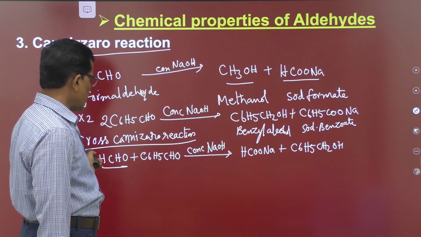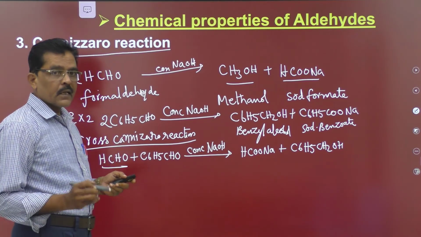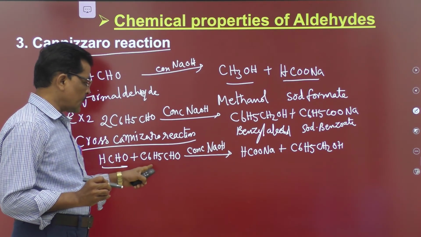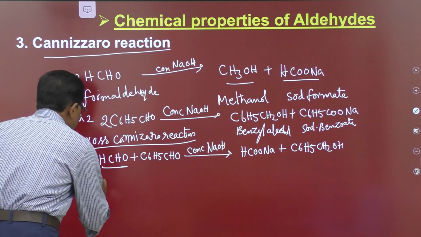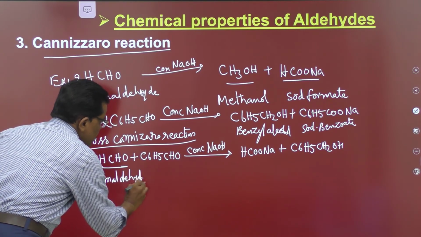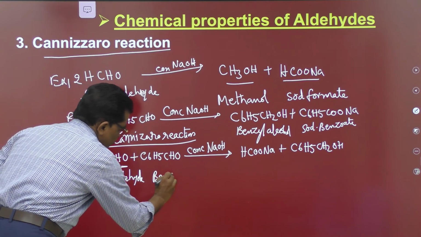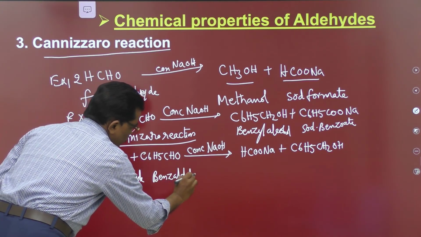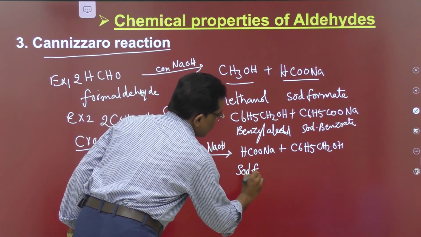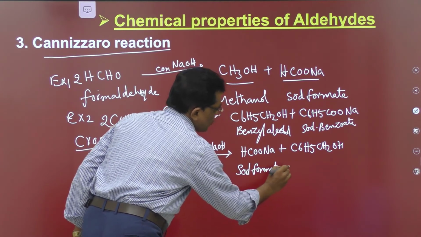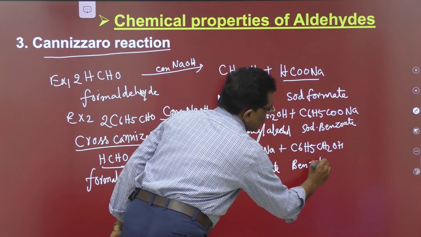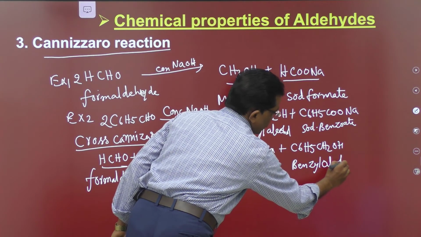This is said to be the crossed Cannizzaro reaction: the Cannizzaro reaction takes place between two different types of aldehyde. This is formaldehyde, and this one is benzaldehyde. This one is sodium formate, and this one is benzyl alcohol. Benzyl alcohol is formed.